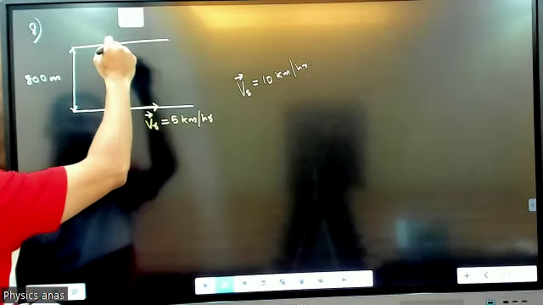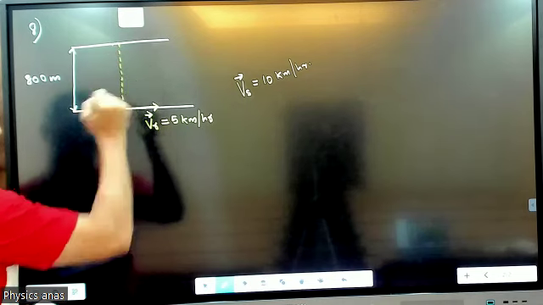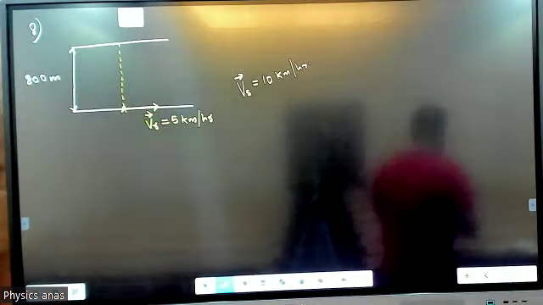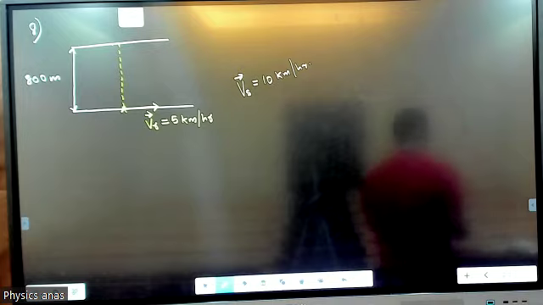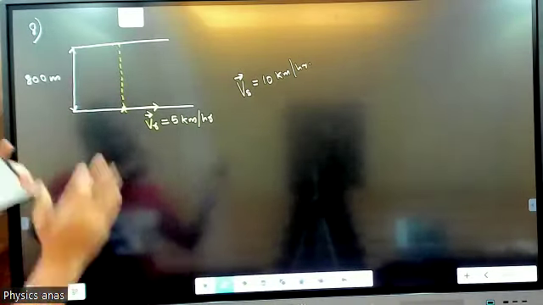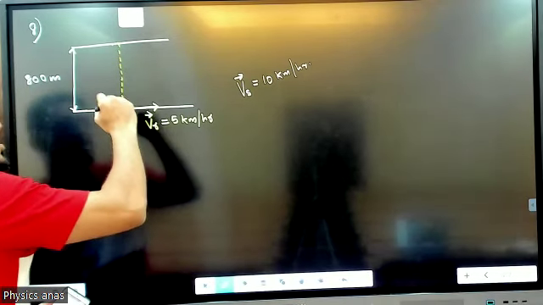I am showing that with a dotted line. He needs to cross the river, and for that, he needs to swim in the opposite direction like this.